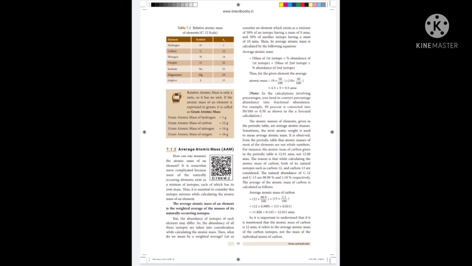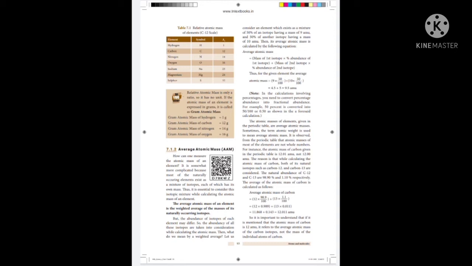Some of the elements' relative atomic mass: hydrogen 1, carbon 12, nitrogen 14, oxygen 16, sodium 23, magnesium 24, sulfur 32. It has no unit because it is a ratio.